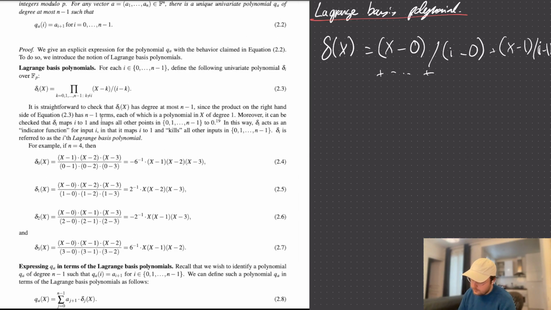Okay. So this is the polynomial, the Lagrange basis polynomial. My writing is terrible. Let's say like this, it works.